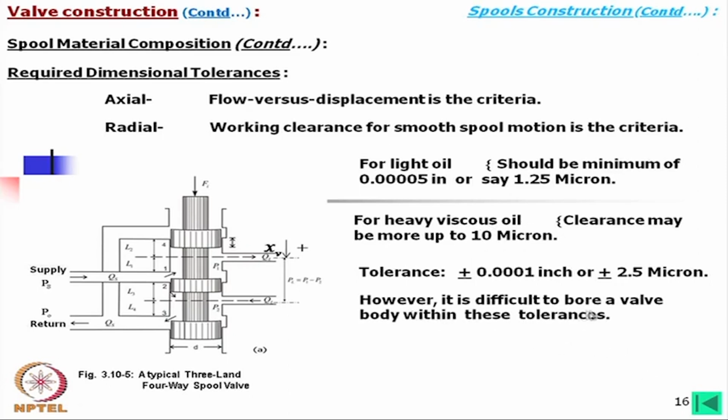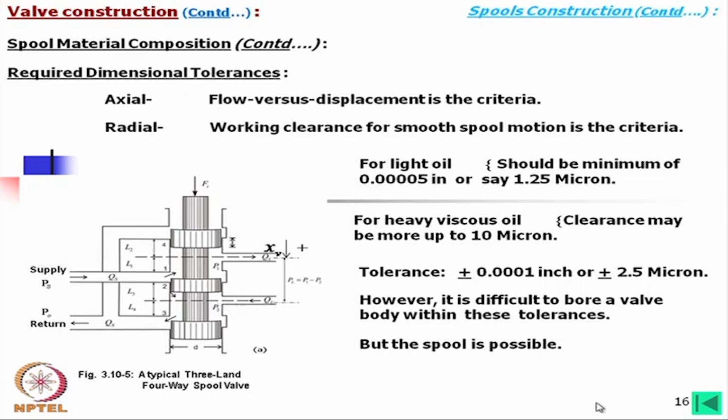However, it is difficult to bore a valve body with these tolerances. That means boring of this sleeve, making this bore, is difficult. However, we can make the spool of such tolerances, that is we are grinding externally, it is possible.